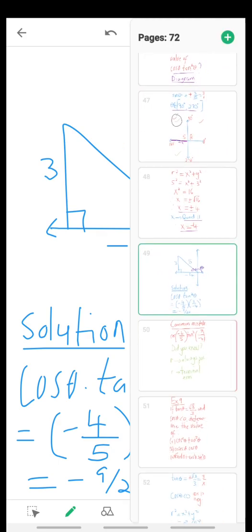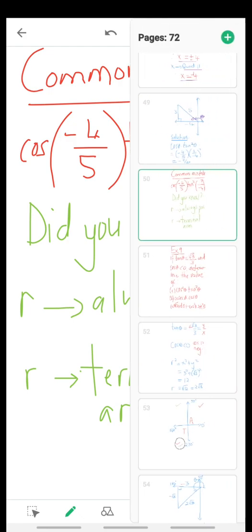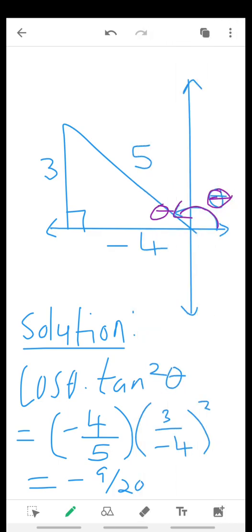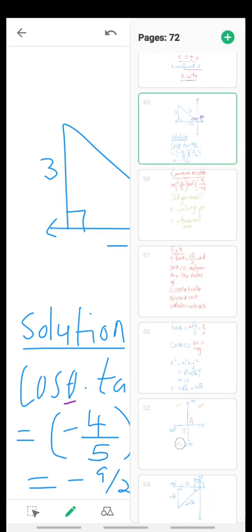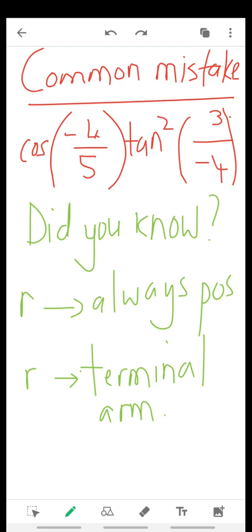Okay, very important. Now, these are the common mistakes that people usually do. Okay, look at what we had here. Okay, we were having theta there and having theta there. Guys, you can't substitute. You can't say, where there is theta, that's where you put your values. Okay, you can't.